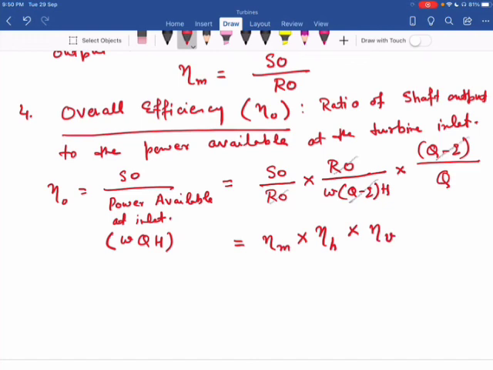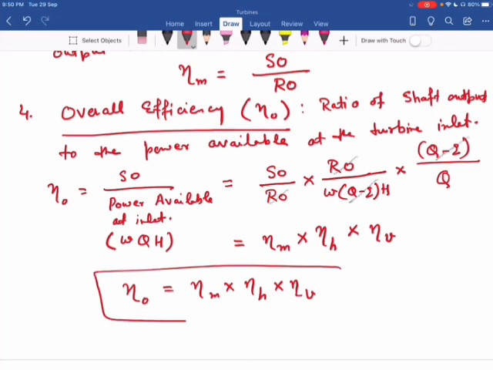So now I can say the overall efficiency is the product of the other three efficiencies, eta M times eta H times eta V. So this is all about the efficiencies we have. Thank you.